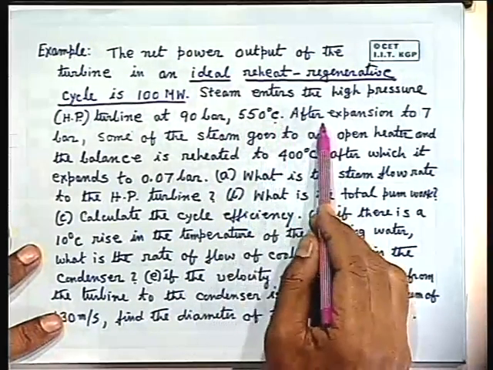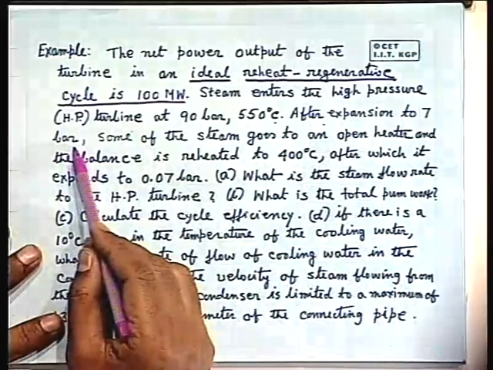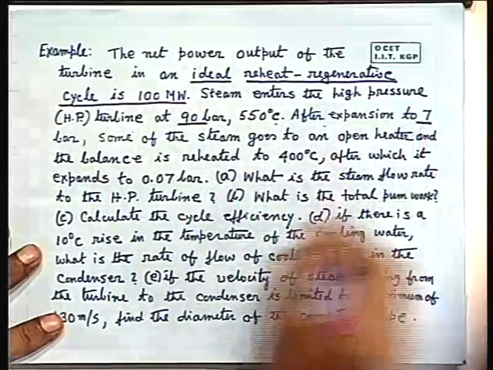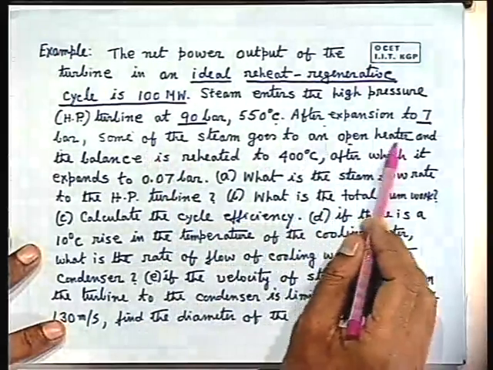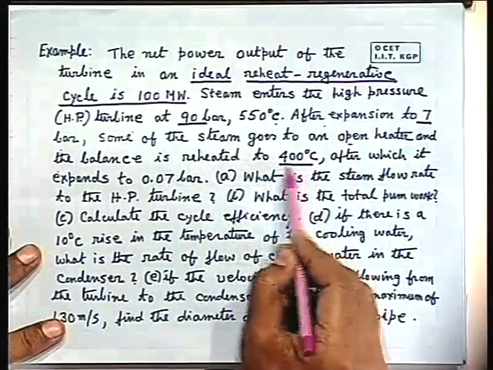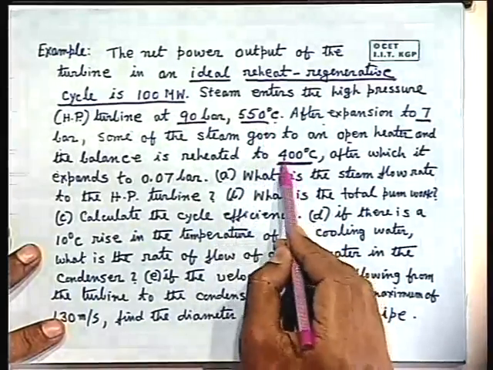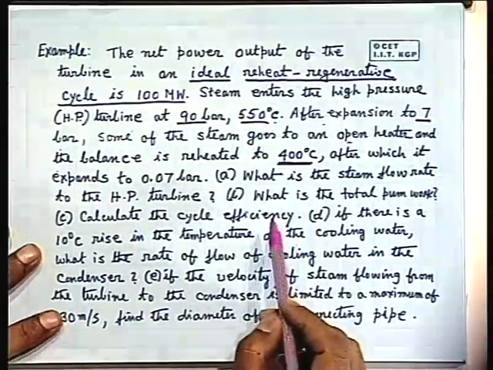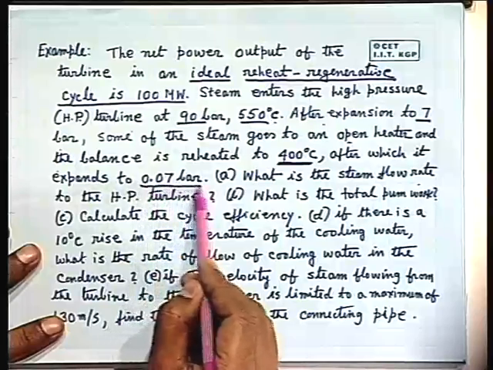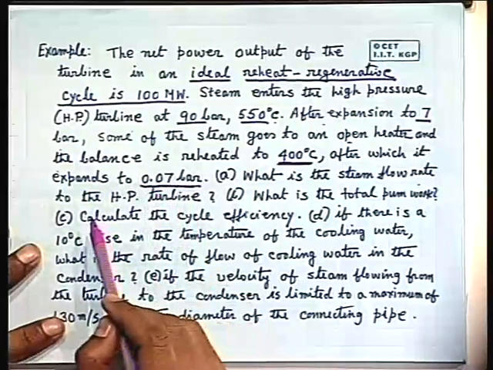After expansion to 7 bar, some of the steam goes to an open heater and the balance is reheated to 400 degrees Celsius. This is the reheat temperature. After which it expands to 0.07 bar, the final condenser pressure.